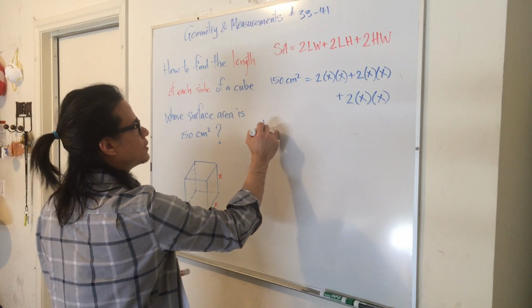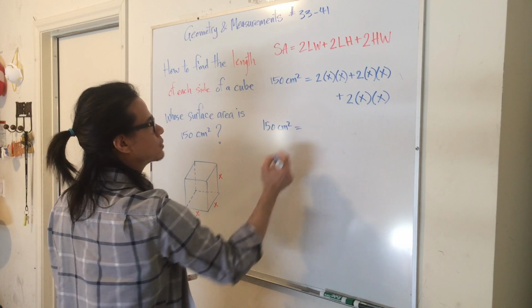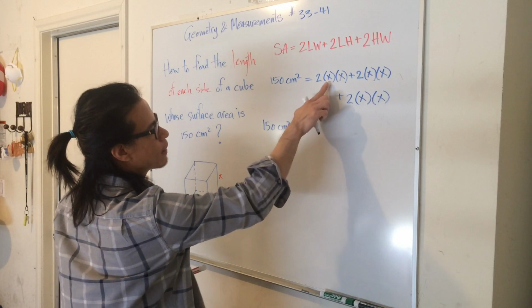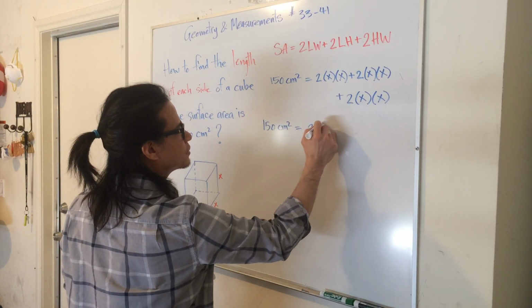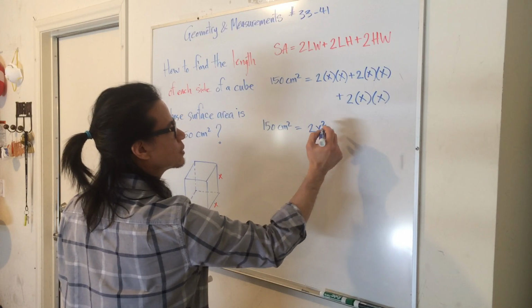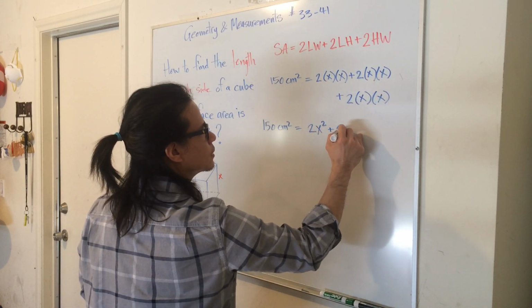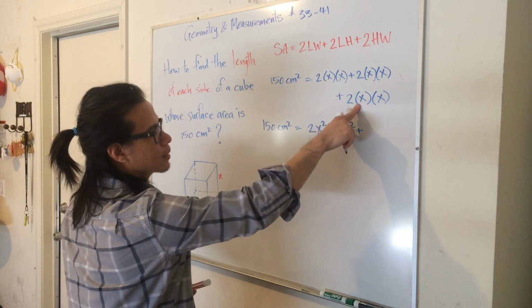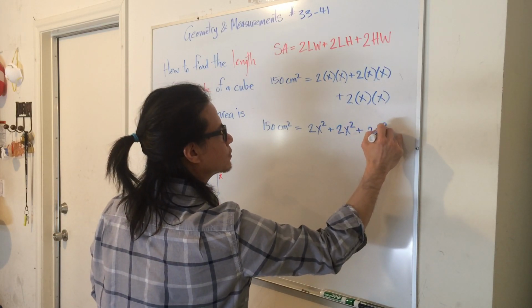So let's go with 150 centimeters squared is equal to, x times x is x squared, plus another x times x is x squared, plus, again, one more time, x times x is x squared.